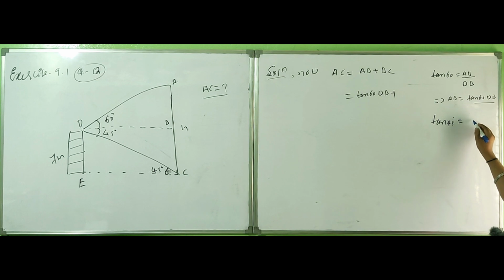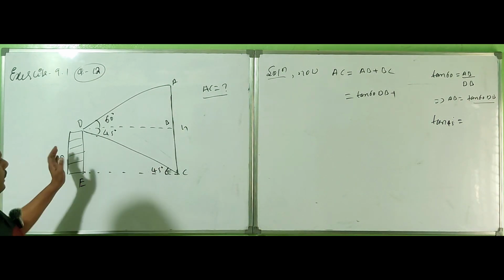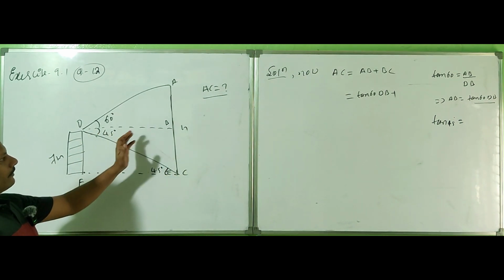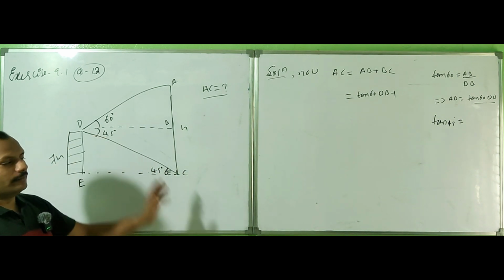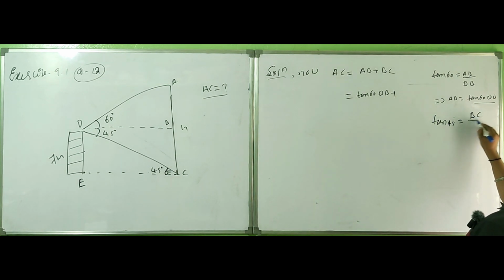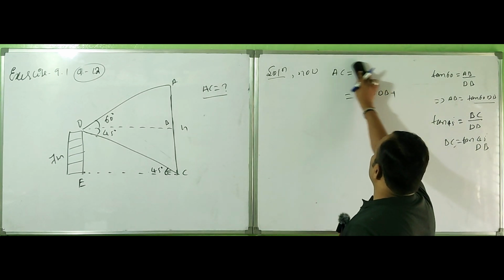Tan 45 degrees is equal to, if we consider this one, DE by DB. If you're not getting it, consider BC by DB. What is BC here? BC is equal to tan 45 into DB, right?